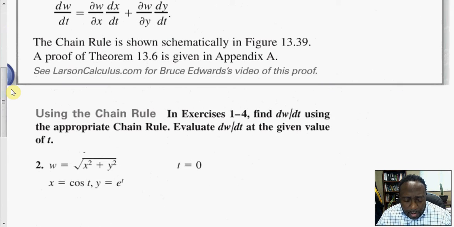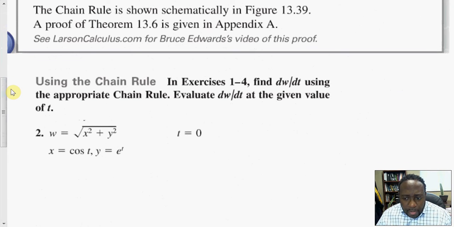Let's consider some problems making use of that. Here it says find dw over dt using the appropriate chain rule, and evaluate dw over dt at the given value of t.